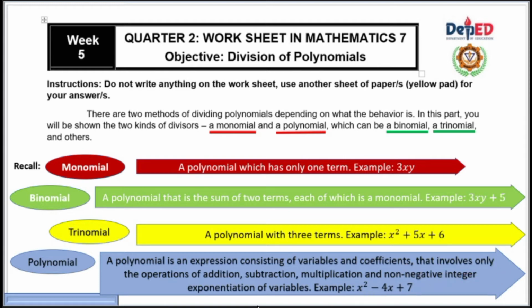That involves only the operations of addition, subtraction, multiplication, and non-negative integer exponentiation of variables. Example, x squared minus 4x plus 7. So again, monomial usa ka term, binomial duha ka terms, trinomial tulo. Ang polynomial is more than 3, but overall we call them polynomial.